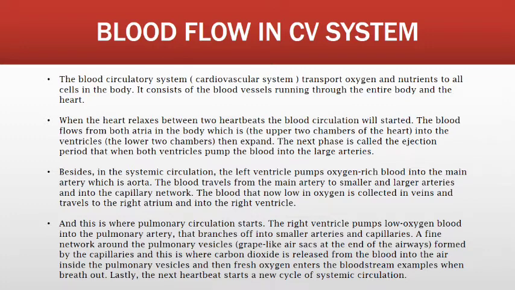The blood flows from both atria, the upper two chambers of the heart, into the ventricles, the lower two chambers, which then expand. The next phase is called the ejection period, when both ventricles pump the blood into the large arteries.